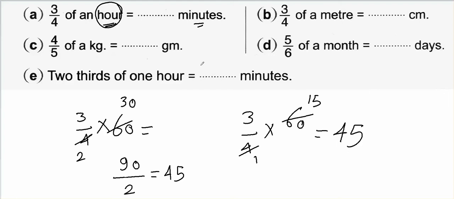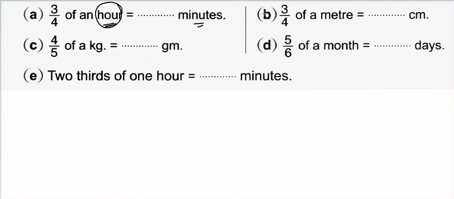The second, 3 over 4 meter, how many centimeters? 3 over 4 times 1 meter, which has 100 centimeters. 3 over 4 times 100. 100 divided by 4 equals 25, and 4 divided by 4 is 1.